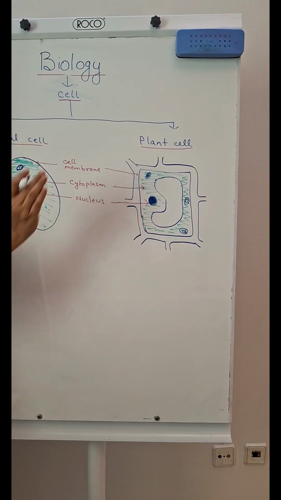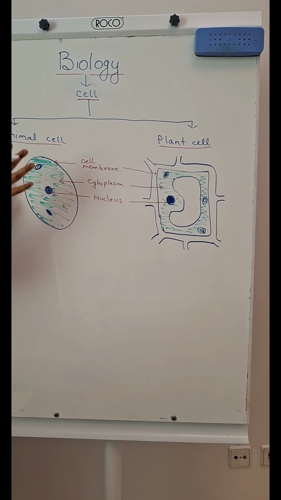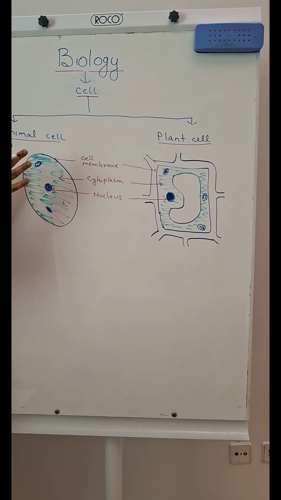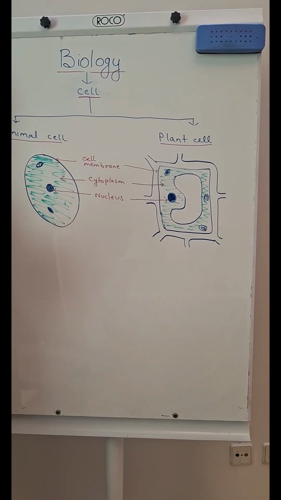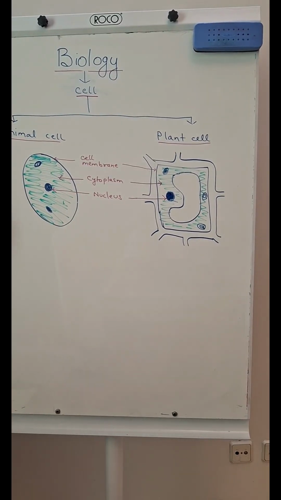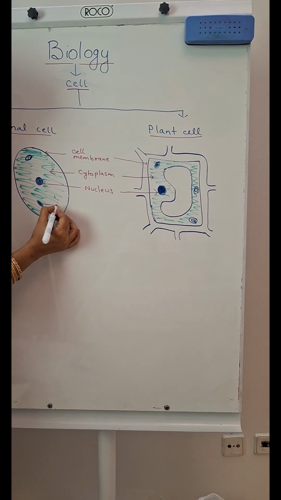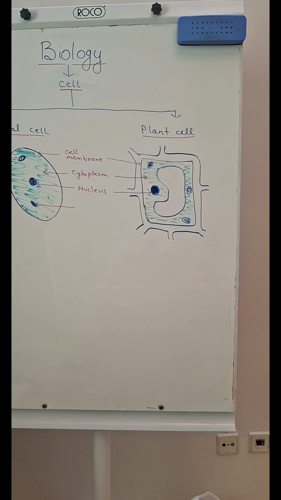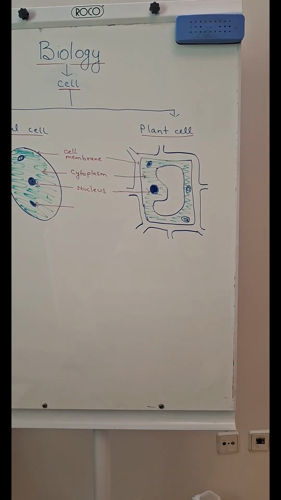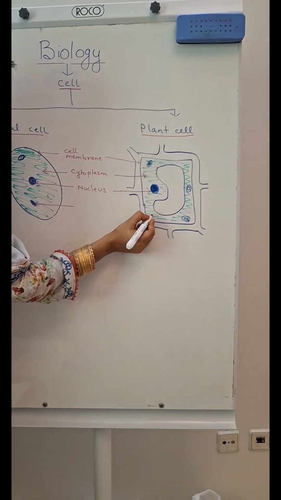Remember one thing: the things which we are labeling here, those cell structures we will discuss in a little more detail. Now, the fourth common thing present in both plant and animal cells is this.